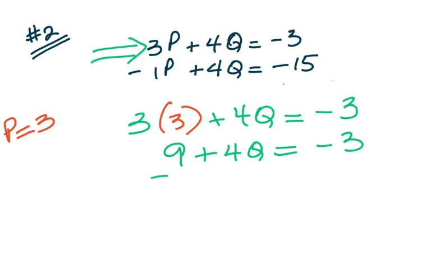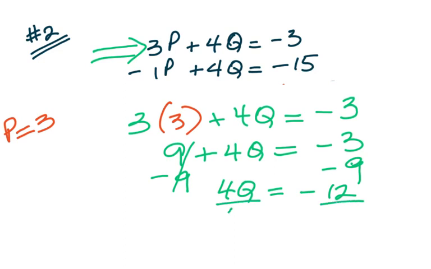Now I'm going to say minus 9 on both sides of the equation, and 4q equals -12, and I'll divide by 4 to find out what q is, and q is going to equal -3.